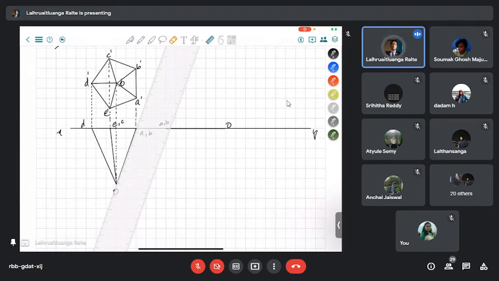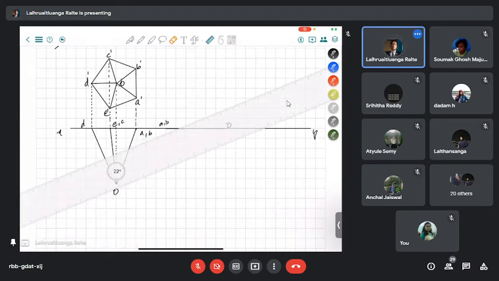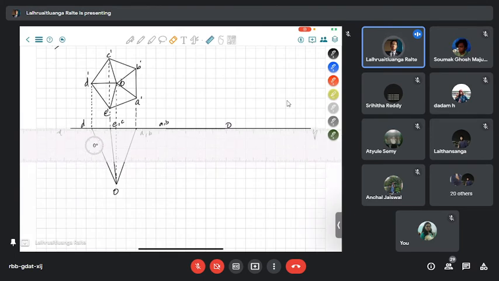Roughly around 70, so I need to make it around 20 degrees. The unit goes 3.2.